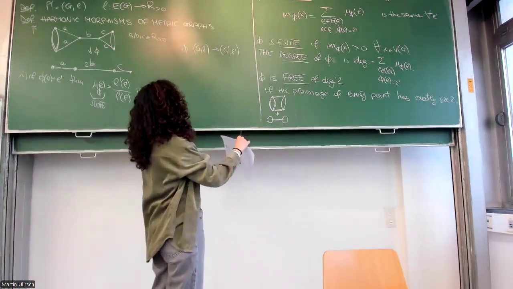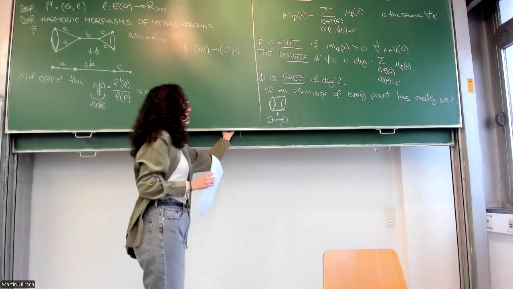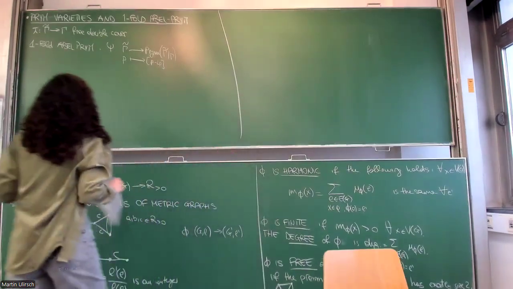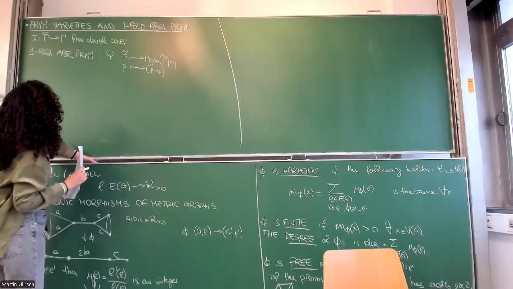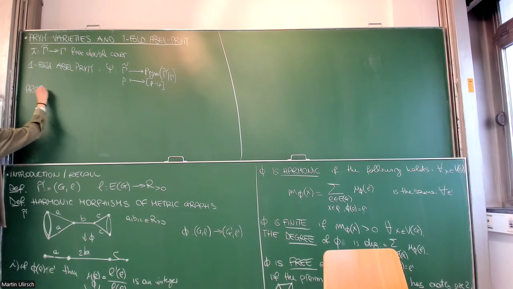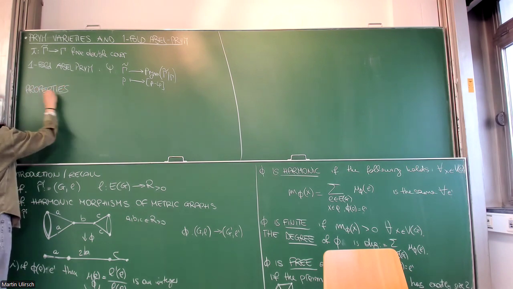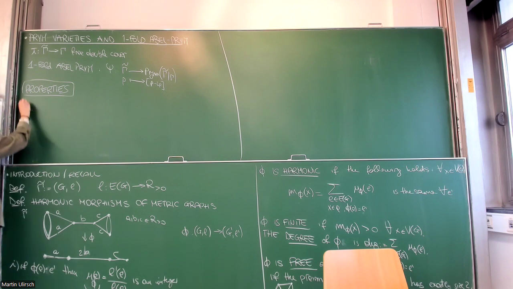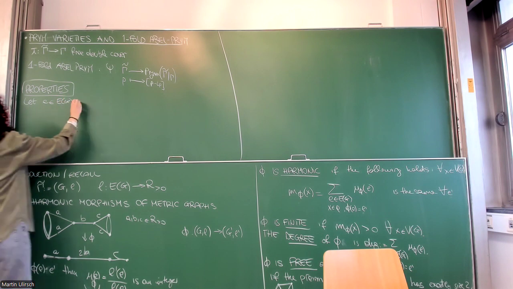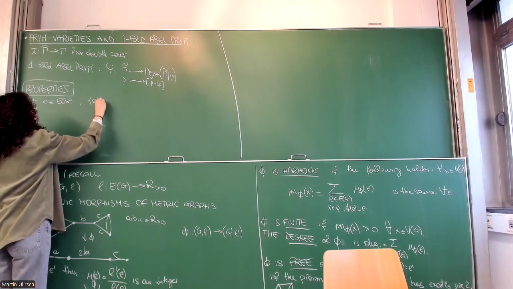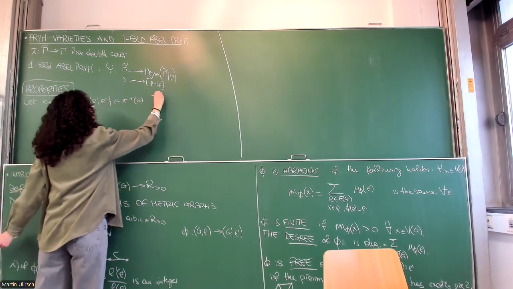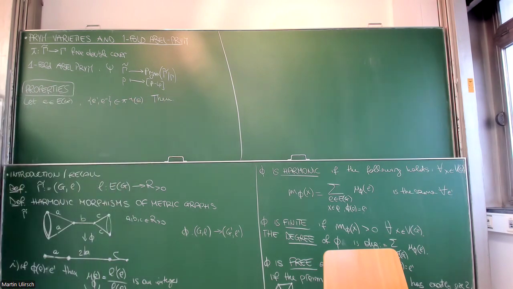Because as I was saying earlier, there are some edges that get contracted, and there are some edges that get dilated. In which case? If we consider E an edge downstairs, and we consider E prime and E second prime in the preimage of E, then the following situations can happen.